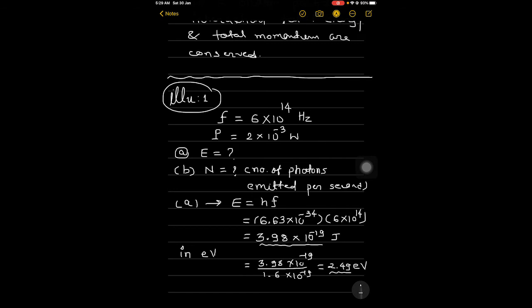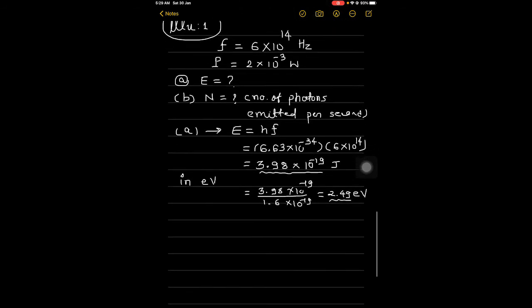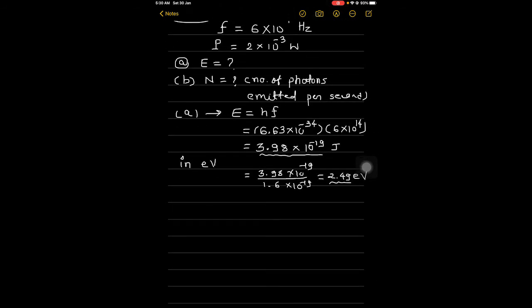So this will be the energy in electron volt. Now we move to the next part of the question, which asks about the number of photons per second.